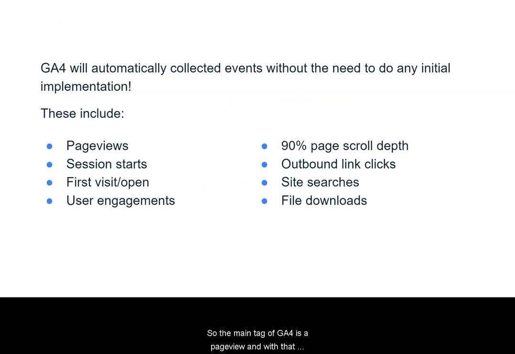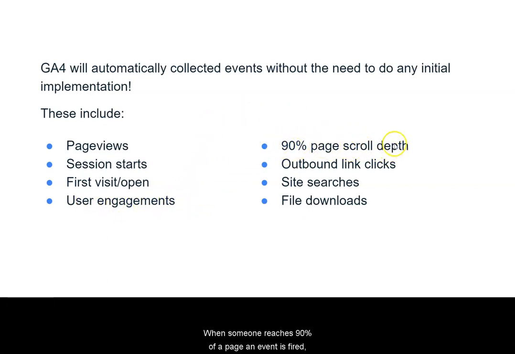So the main tag of GA4 is a page view, and with that comes a few events which are automatically tracked. So this is automatically enabled when you set up a GA4 property. We'll go into this in a bit more detail in a separate video, but this includes obviously page views, session starts, so that dictates when a session is and how many sessions there are for a user. Their first visit, user engagements, so that's stuff like clicks and activeness on the page.